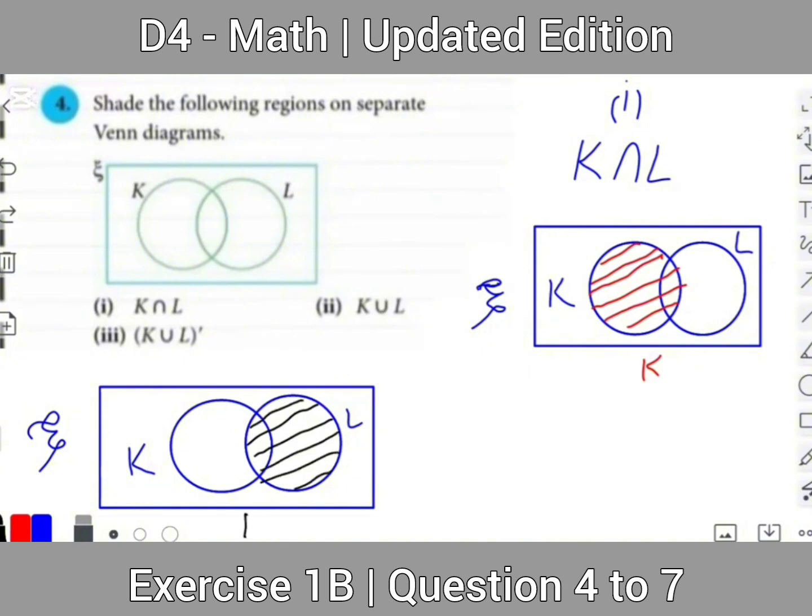This black shaded region represents the set L only. But what was our aim? We have to find out K intersection L.